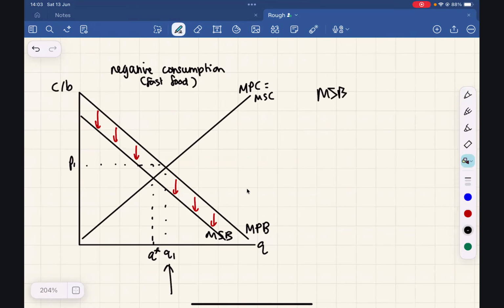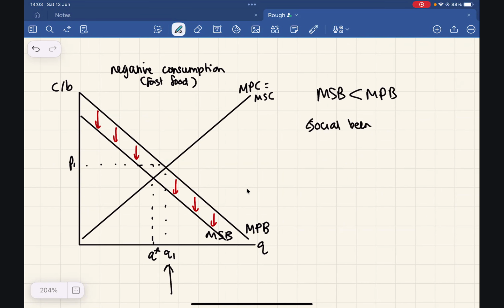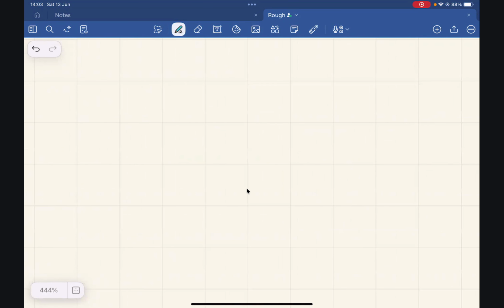MSB is smaller than MPB because of the equation. I'm just going to give you two equations.